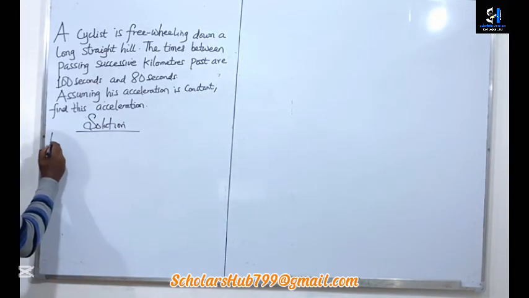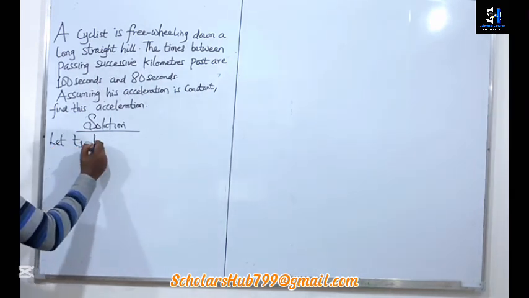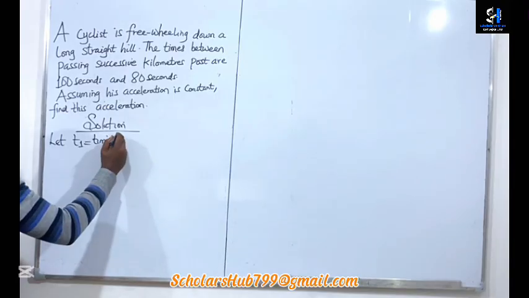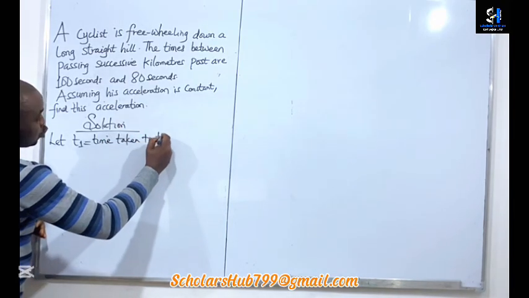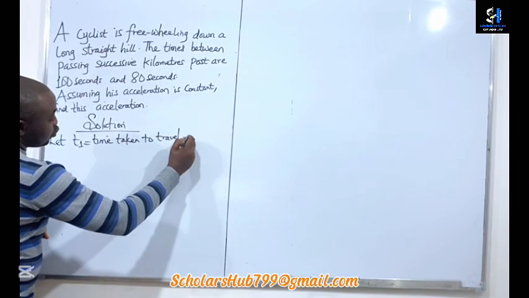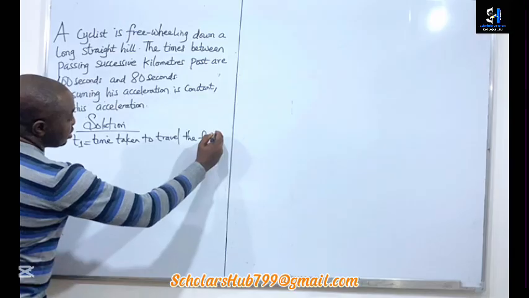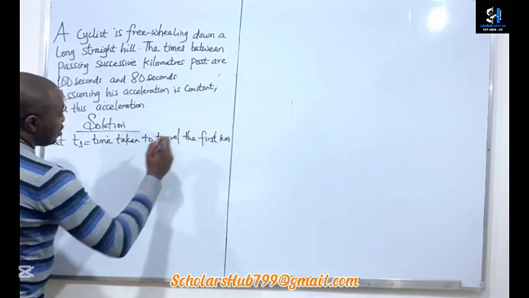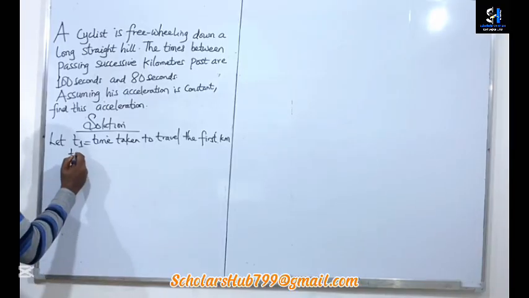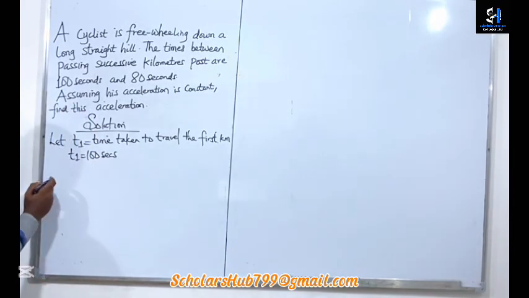So first, t1 is the time taken by the cyclist to travel the first kilometer, and that time will be 100 seconds according to the question.